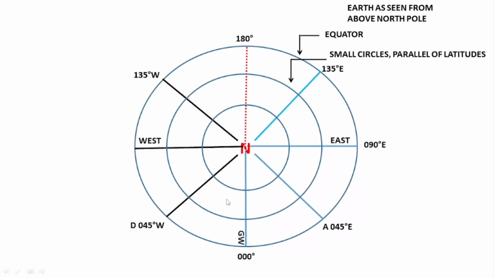Now, just viewing the Earth from the top, we know that the Earth looks something like this, with meridians. If you're looking right from the top, these are smaller circles and great circles, with the latitudes, and the meridians converging to the pole. But just for understanding, I want to have these lines straight so that we can understand D.LAT and D.LONG better.